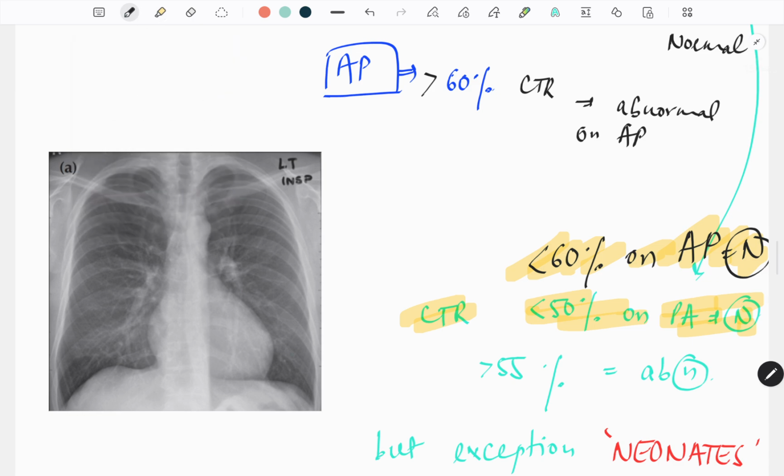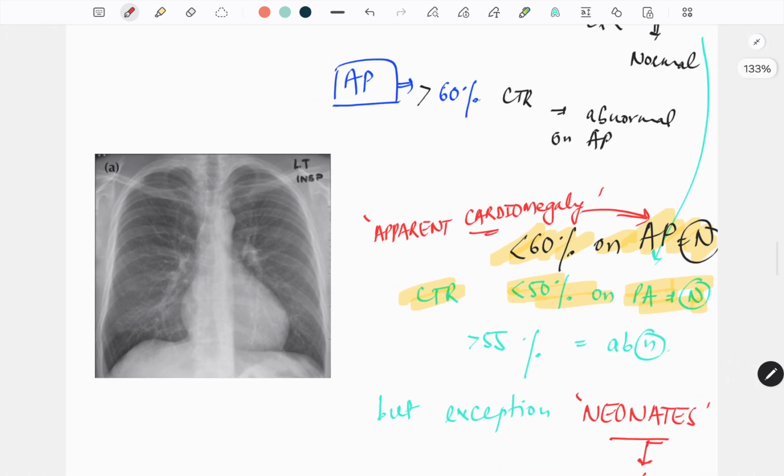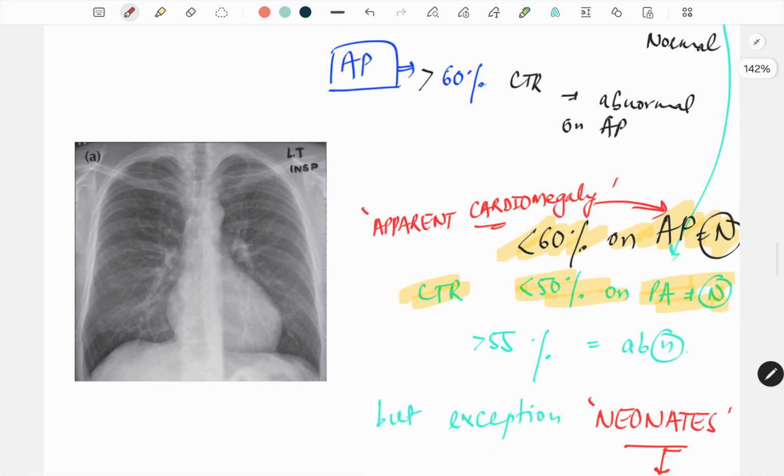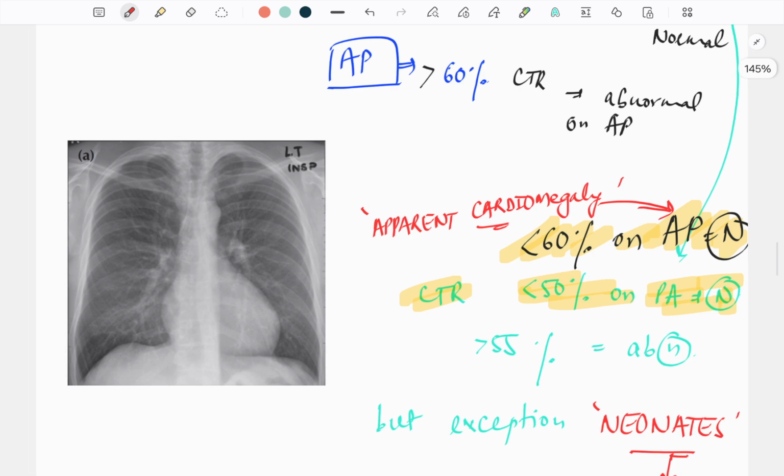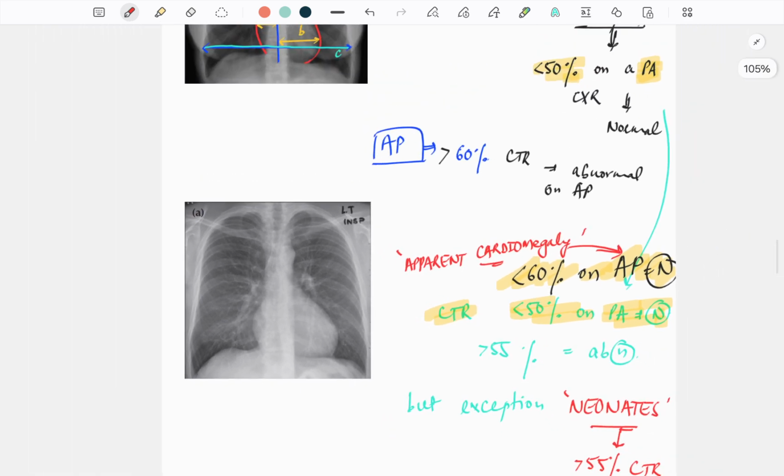The reason for that is apparent cardiomegaly seen on an AP radiograph, which is due to the lesser source to image distance and the anterior to posterior technique.